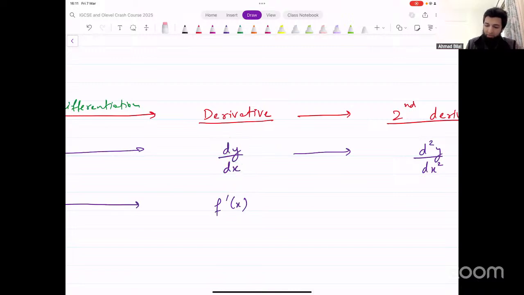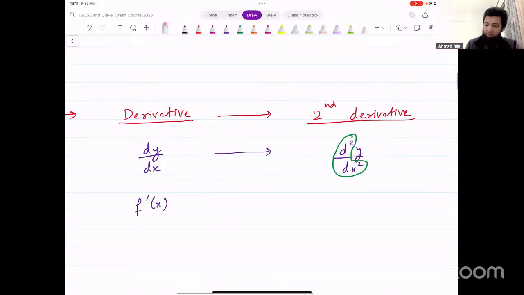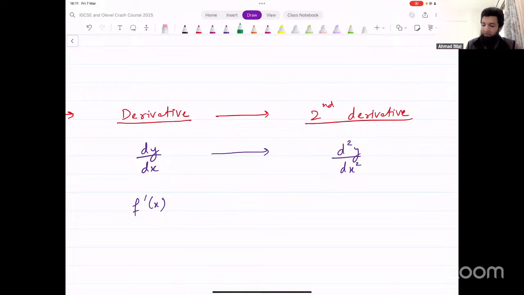Now, here, we're saying d squared over dx squared. That basically means second derivative: you apply the differentiation process once more, of y. Second derivative of y.